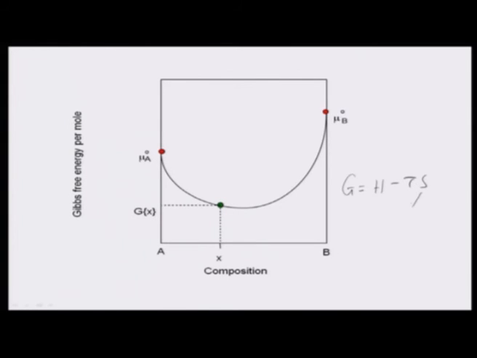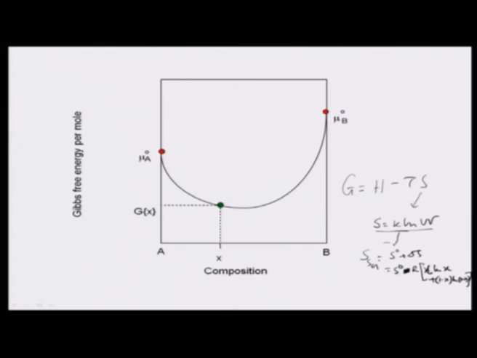S is the entropy, and as Boltzmann has given, S is nothing but k ln W. For those of you who know a little bit of this, this term for a solution can be written like this: S of solution is equal to S0 plus delta S, where delta S is nothing but minus R times x ln x plus (1 minus x) ln(1 minus x). Any undergraduate book will give you this expression. It can be easily obtained from Boltzmann's equation.